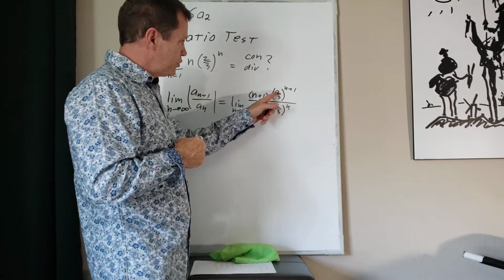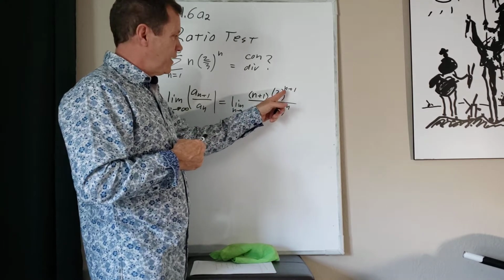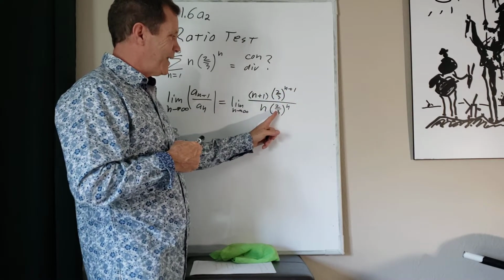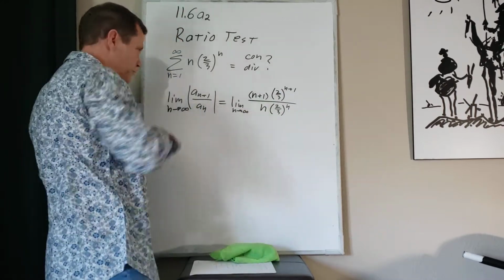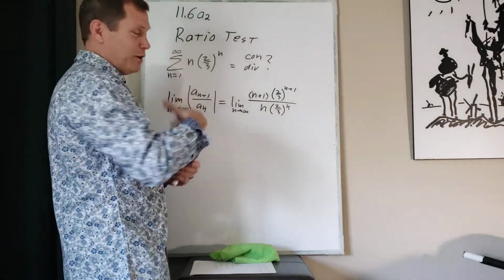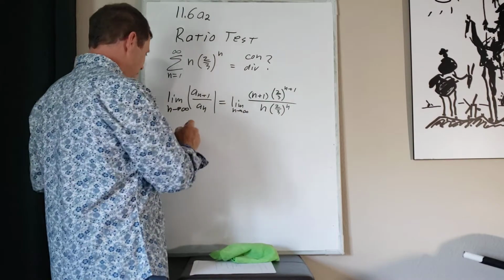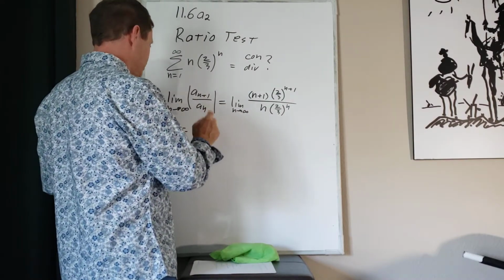How many 2/3 do I have? I got n plus 1 here, and I got n of 2/3 down here. So I'm going to rewrite this guy. Sorry, always cough into your elbow. That's what I learned off of the internet. Equals, so let's see what this thing equals.